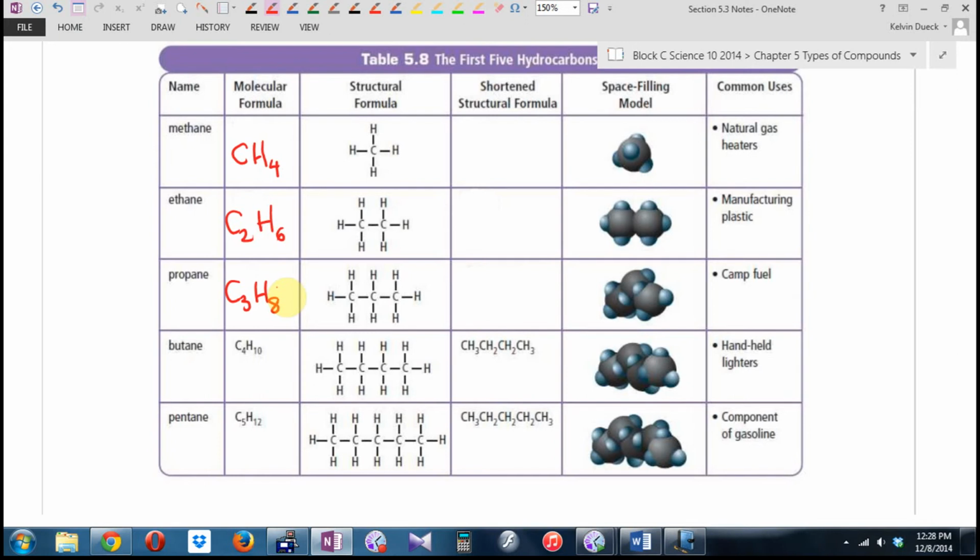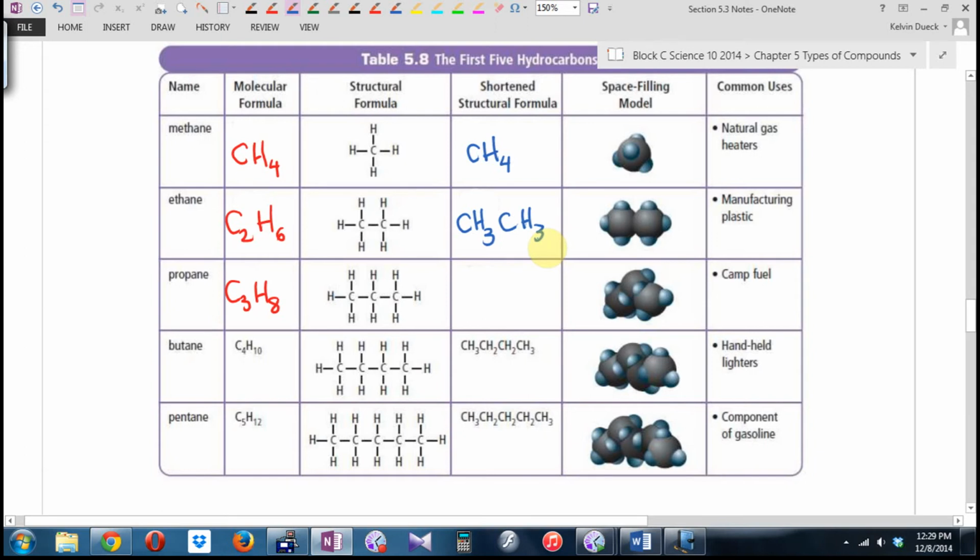What about the shortened structural formula? Well, this one is CH4, because there's one carbon attached to 4 hydrogens. Here, how many hydrogens is the first carbon attached to? So CH3 and then CH3.